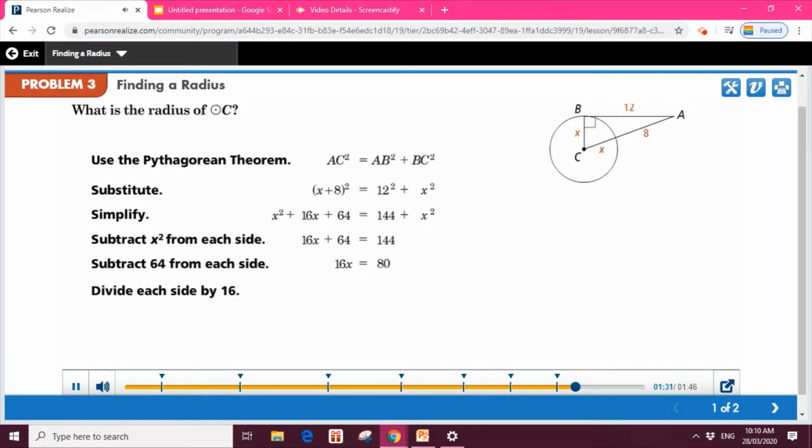Now divide each side of the equation by 16. x equals 5. So the radius of circle C is 5.